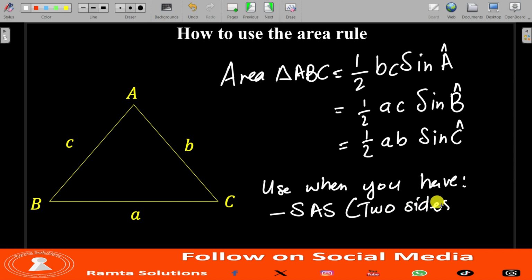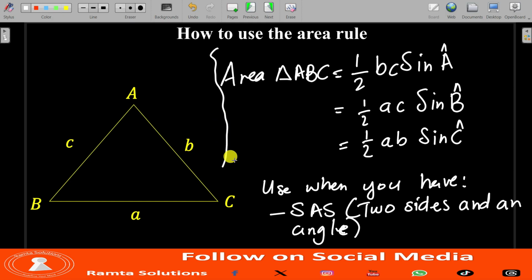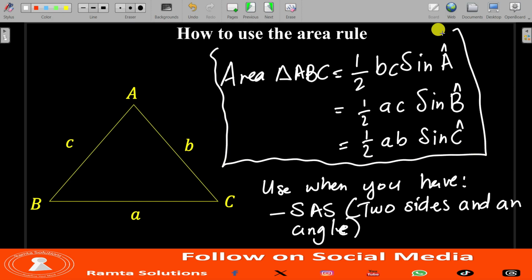Remember, I said, what does this mean? Two sides and an included angle means the given angle is not opposite one of the given sides. Okay, this is when you use area rule.